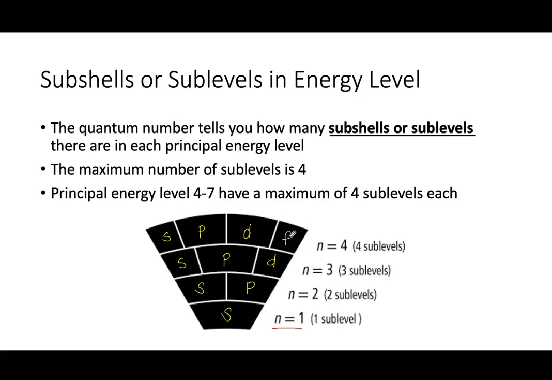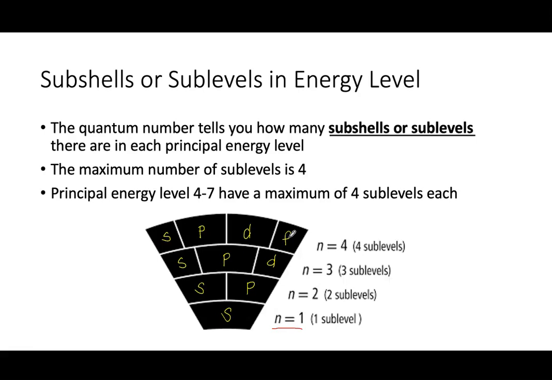As you can see, when I'm in principal energy level 1, I have S because that is the lowest energy, the lowest sublevel. As you move up, you need to have the previous sublevels present before you go up.